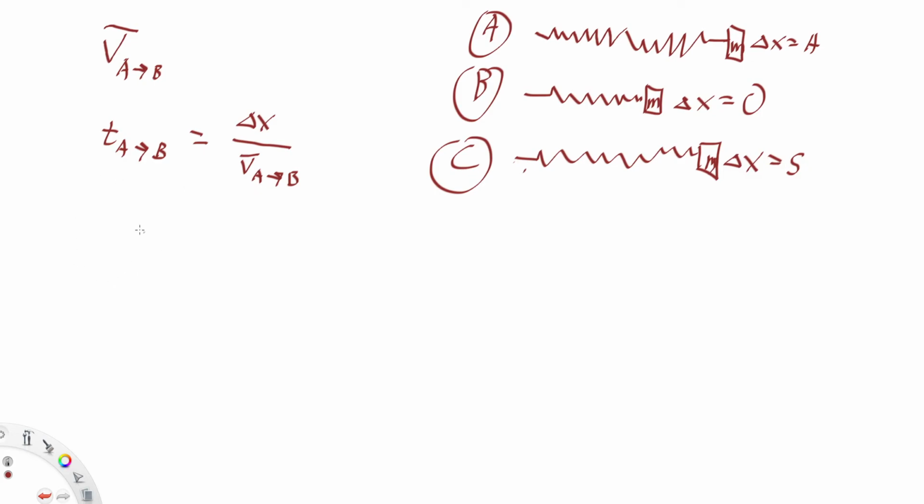So if we analyze the energy from A to C now, we still have no external forces, which means no work is getting done. So the energy at A has got to be equal to the energy at C. At A, we just have spring potential energy. And at C, we have both spring potential and kinetic energy.